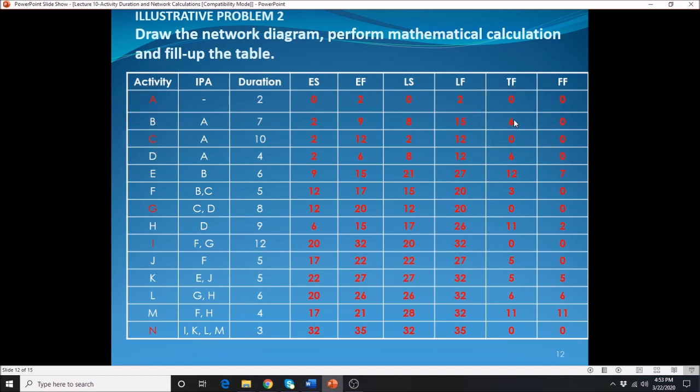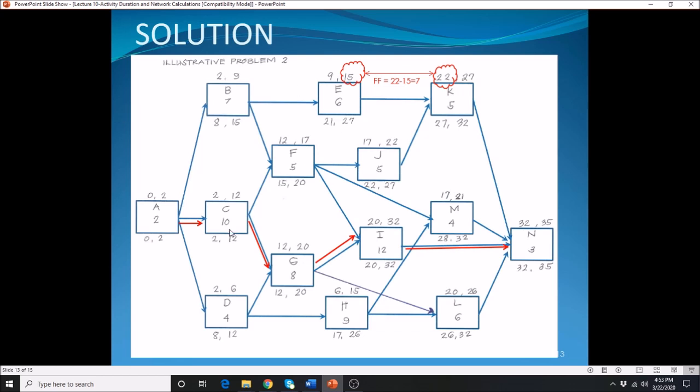Or the late finish minus the early finish. Again, the difference between these two must always be the same. So 15 minus 9, 6. 8 minus 2, that's 6. If you don't have that, you're wrong. Make sure that you recheck your calculation again.